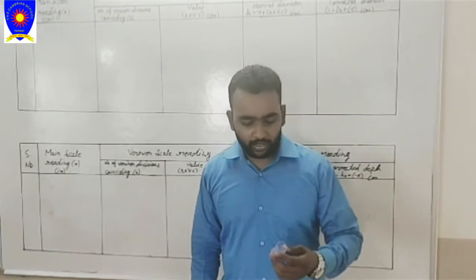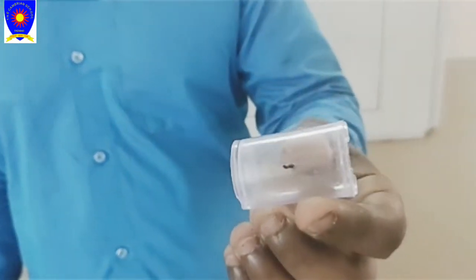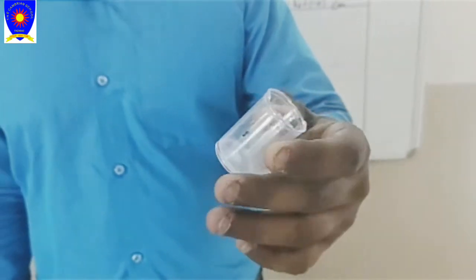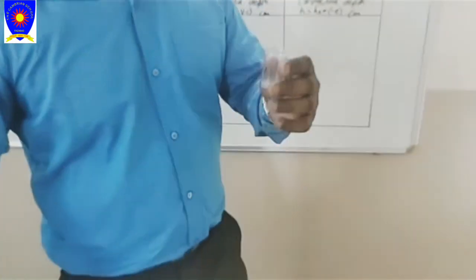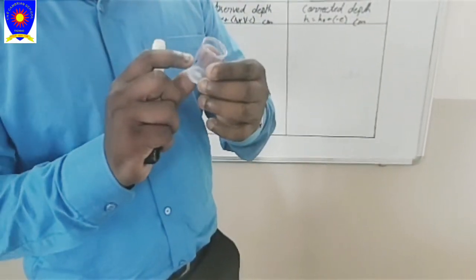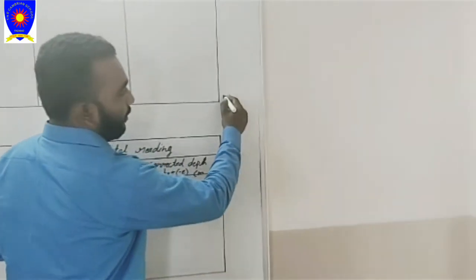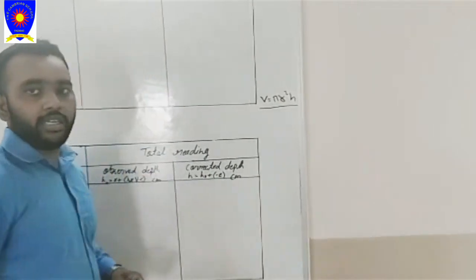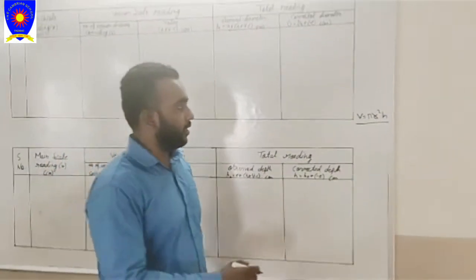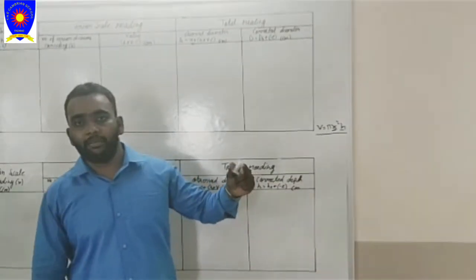This is the cylindrical body. We have to find its volume, and we know that this is a cylindrical body, so to find its volume there is a formula: V is equal to pi r square h. It means that we need the radius and height of the given cylindrical body.